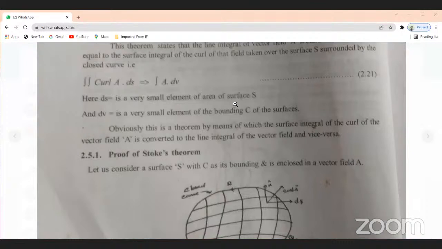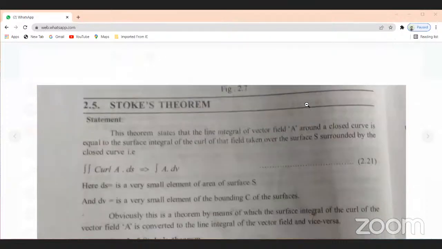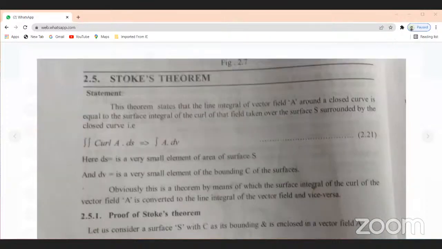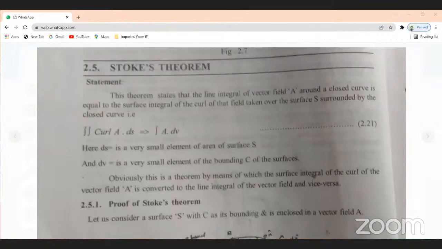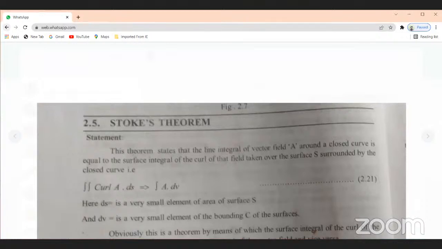Right. So next we have to go to the theorem. Which theorem? Gauss divergence theorem.